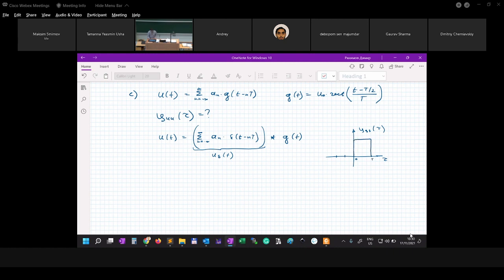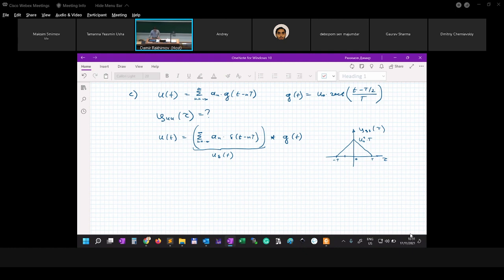Fine, so it goes from 0 to capital T. Sorry, that is for the rectangular pulse, but for correlation, of course, it will be from minus T to capital T, u0 squared times capital T.